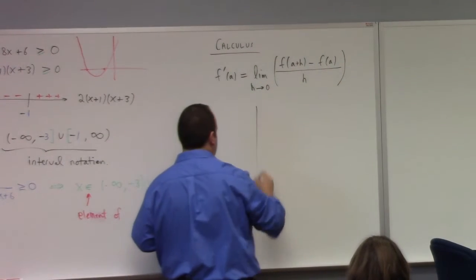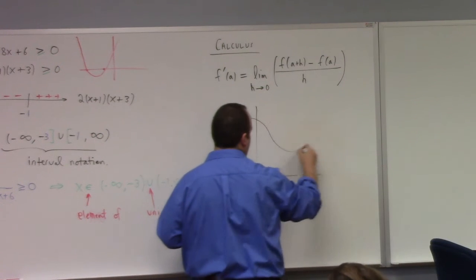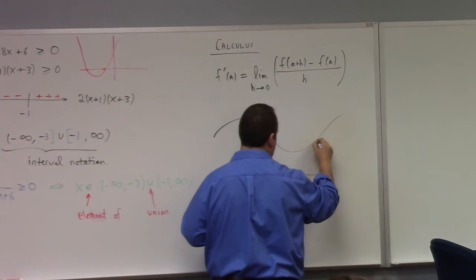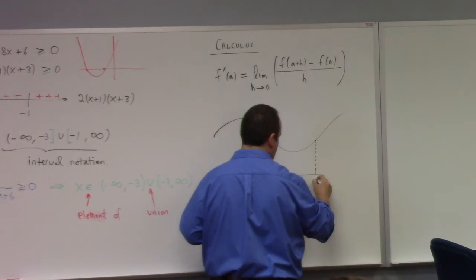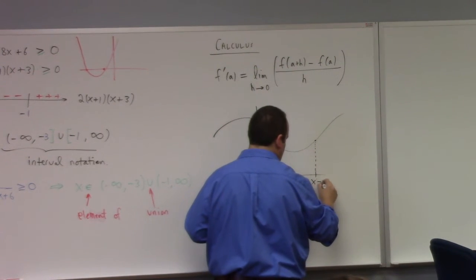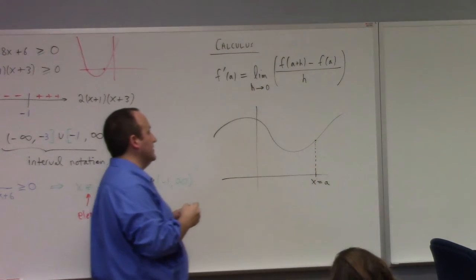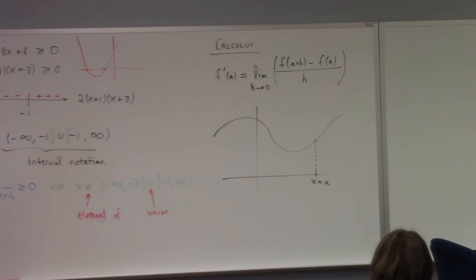So if I was to graph this, suppose that that's the point. Can you guys tell me what the significance of f prime of a is there? Is it positive? Is it negative? What's the deal?